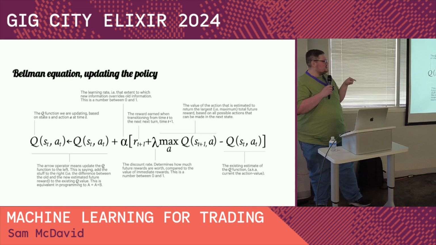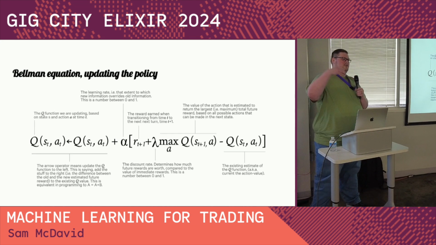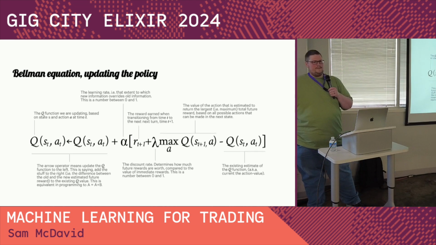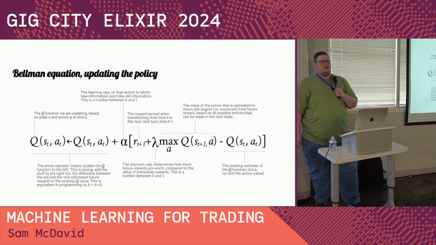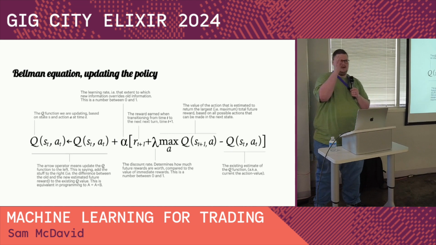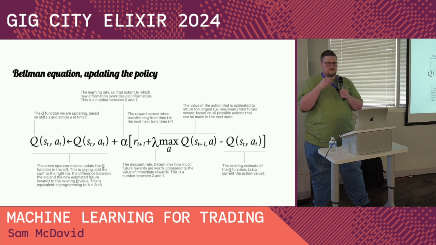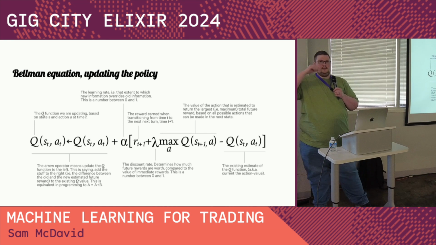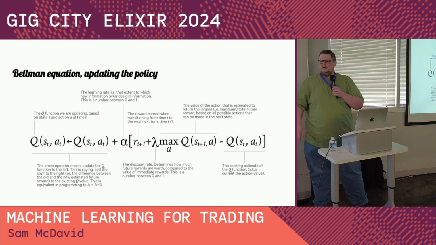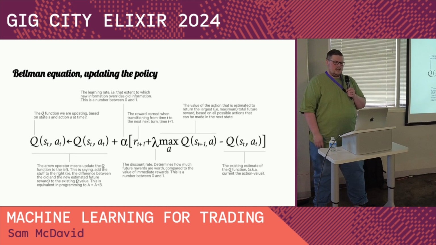Yes, it is recursion, because this is a dynamic programming technique. What we're doing is we're keeping track of history in our policy, and we are recursing over that information. Now, what we want to do is we want to know at this current state action pair, what is the discounted future reward? So we're going to incrementally learn. That's what alpha is up here. We want to learn just a little bit, because otherwise it gets very chaotic if you're completely overriding everything.